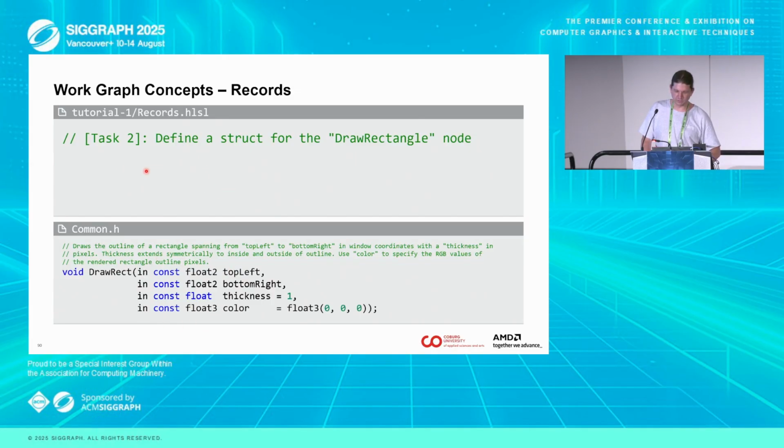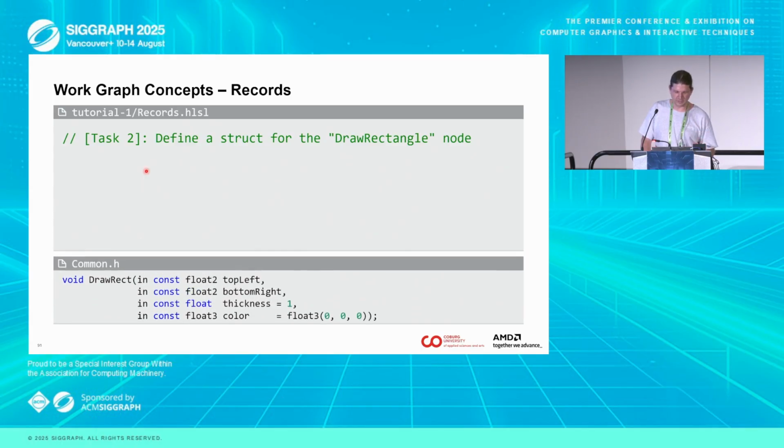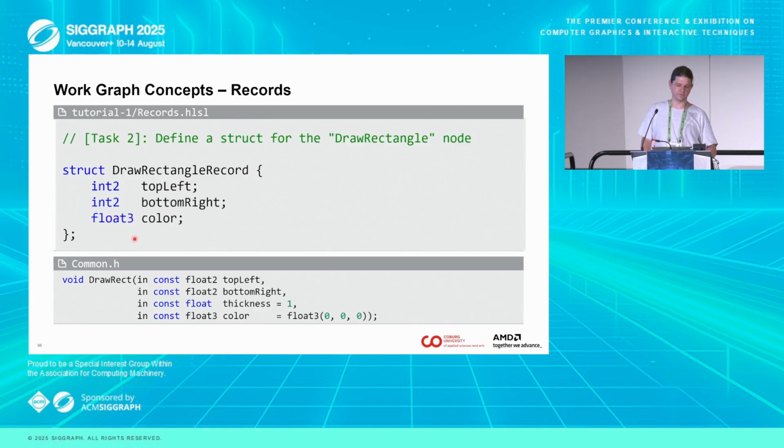And therefore, what you got to do is you first have to define a little struct, which I call draw rectangle record here, which essentially lets our entry node configure the top left corner and the bottom right corner of our rectangle, and I want to be able to control the color of our rectangle record.